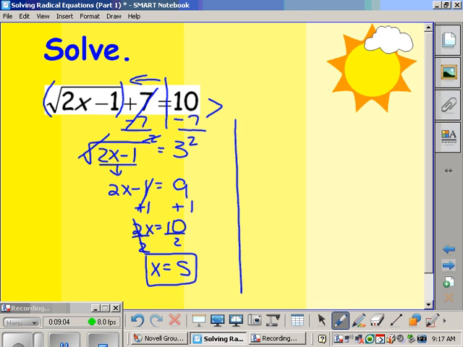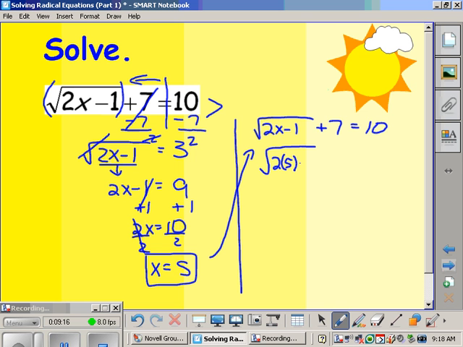Now let's prove that over to our right by rewriting our radical equation. Let's replace the x with 5. Okay, so we just substituted in the 5 for the x. Now we're going to simplify the left side and see if it comes out to 10.